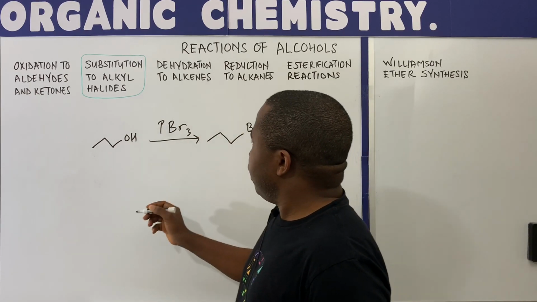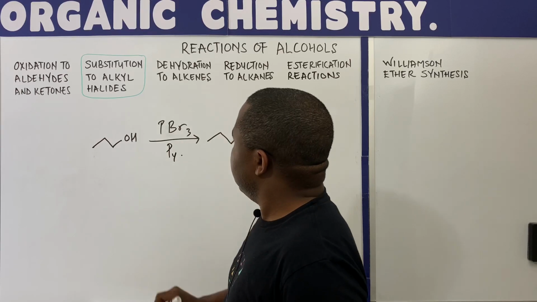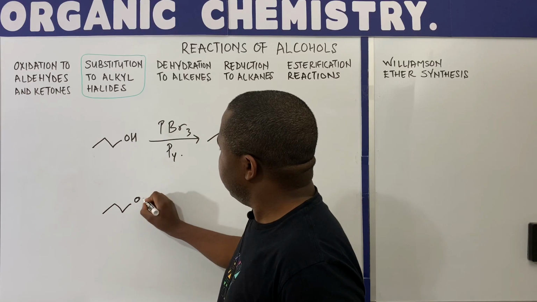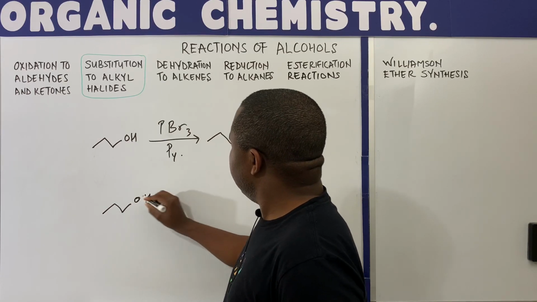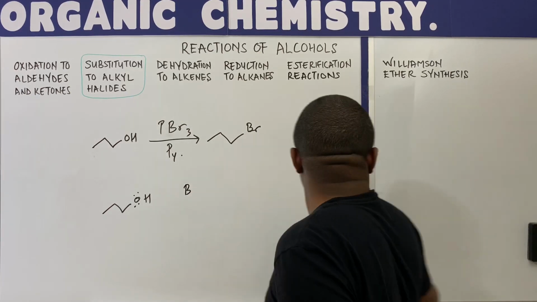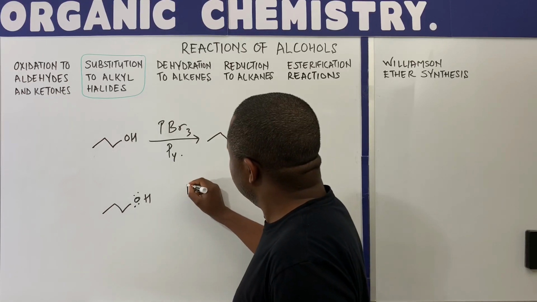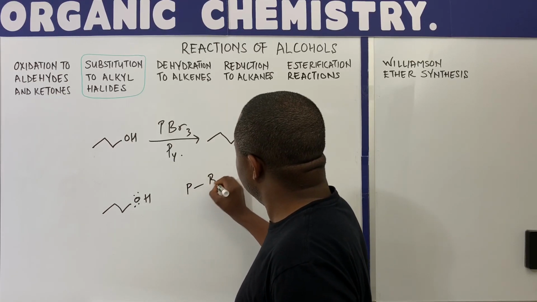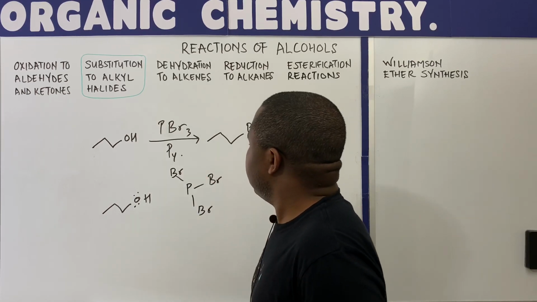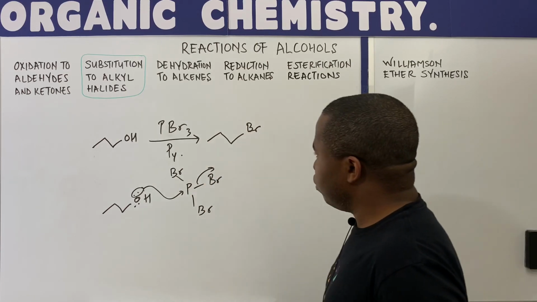Basically that reaction is as easy as the thionyl chloride example. So we're going to have something like this, and then we have PBr like this. So basically this is going to attack this, and this is going to leave. It's a very good leaving group.